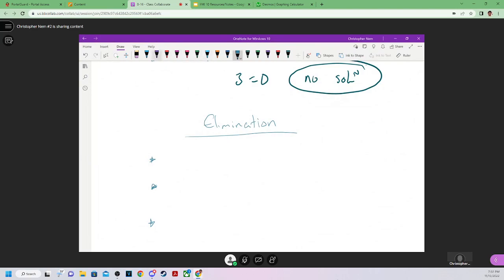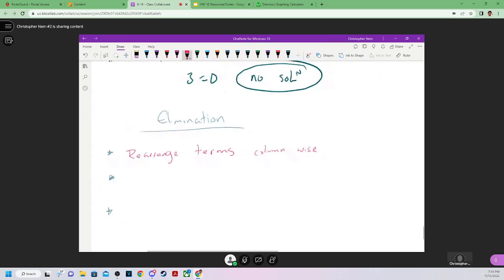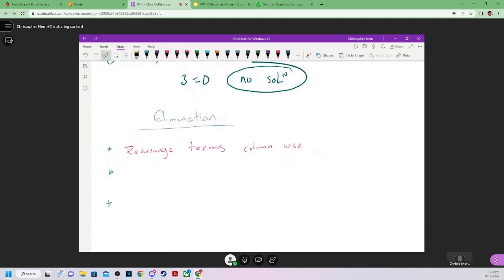The first rule is that you can rearrange like terms column-wise. If you do this, you do not change the system at all. The system will stay the exact same. It's just a different representation.